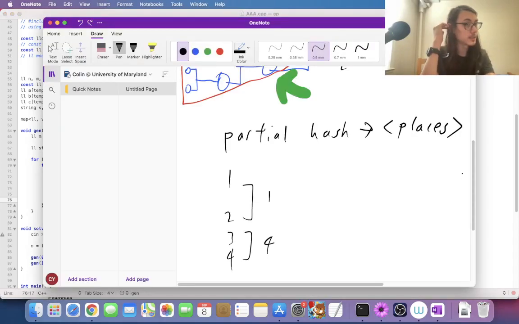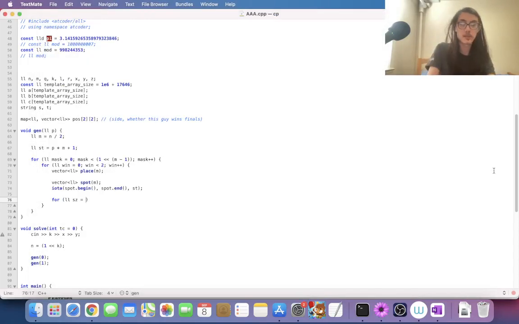Initially it is 2 to the k minus 1. No, yeah, this should be m minus 1. This should be k minus 1, yeah? Actually, it could just be m. That makes more sense. Size is greater than 1, and then we divide it by 2 each time, because each time half the people get eliminated.